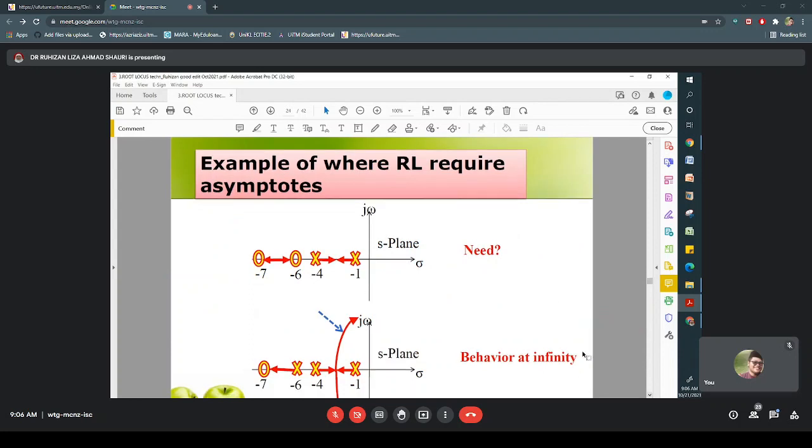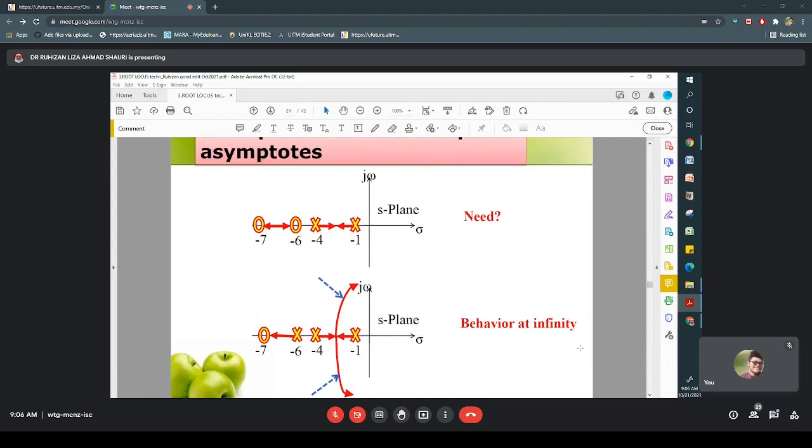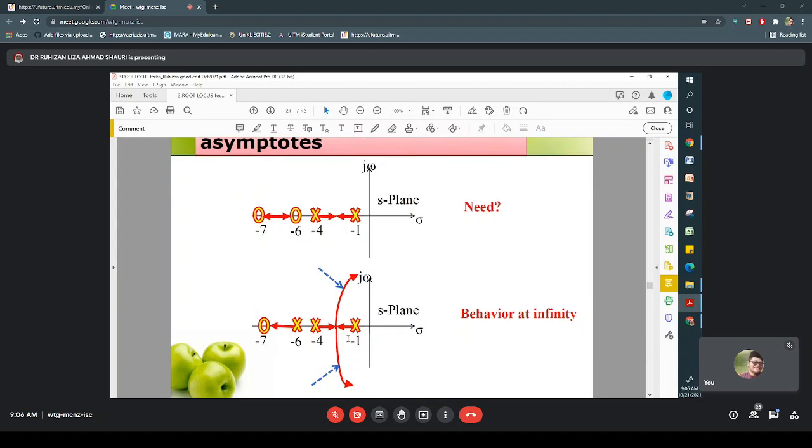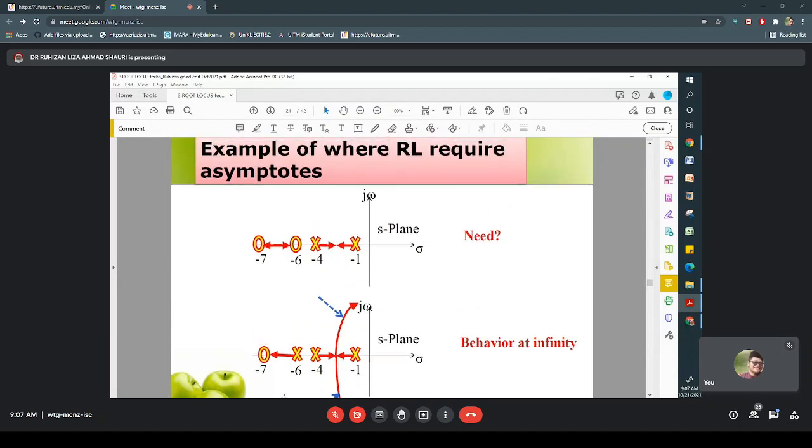Alright, back to the question. In this case, how many go towards infinity? 2, isn't it? So you use k equals 0 and k equals 1.